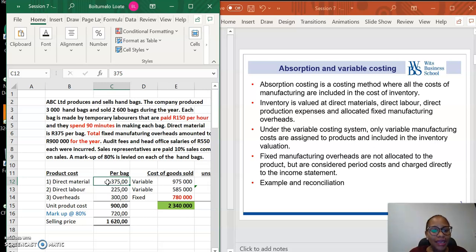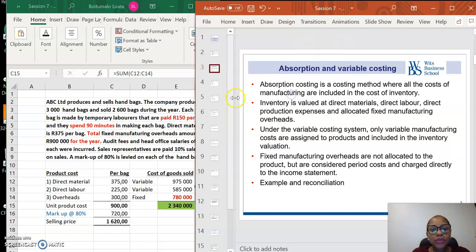So once you added up your direct material, your direct labor, and your overheads, and the overheads was just the full 900,000 divided by the units that you produced in that period to get to a per unit overhead cost, we got to a unit product cost of 900. If we multiplied that 900 then by the cost of goods sold, which were 2,600 in this case, this gave us then our cost of sales.